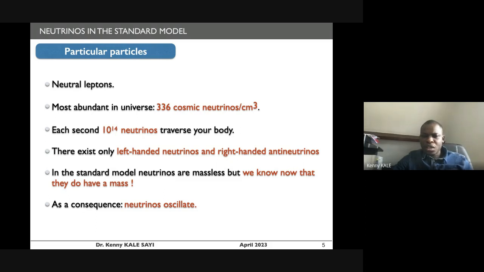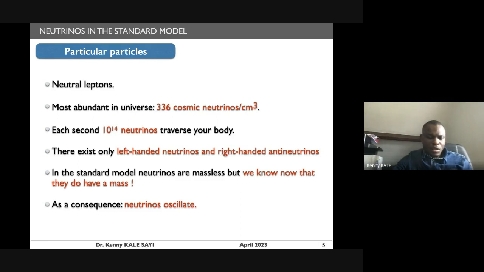This means that each second, without your noticing or feeling anything, your body is traversed by about 10 to the 14 neutrinos. This is huge, and this is something very important.